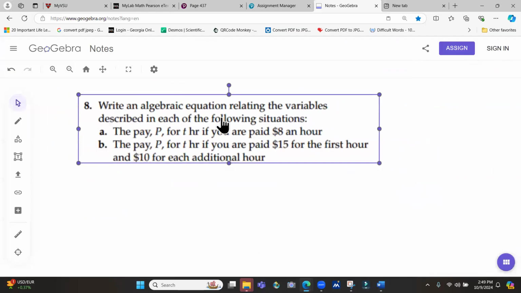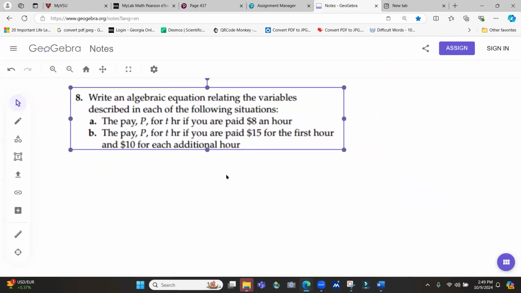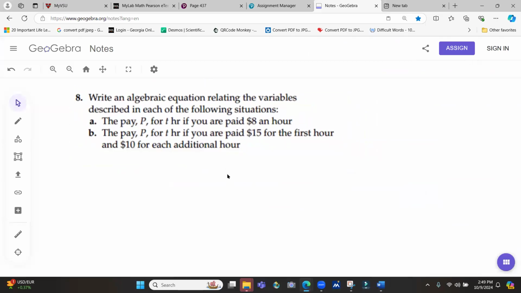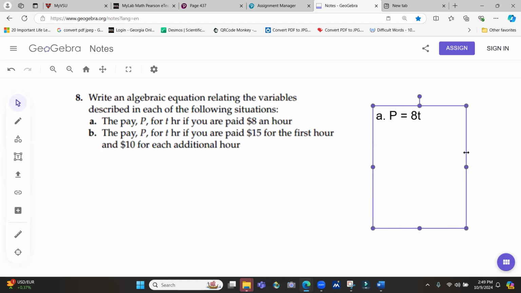Write an algebraic equation relating the variables described in each of the following situations. P is your pay. T is the number of hours you work. If you're paid $8 an hour, well, that's not too bad. Your pay is going to be 8 times T.